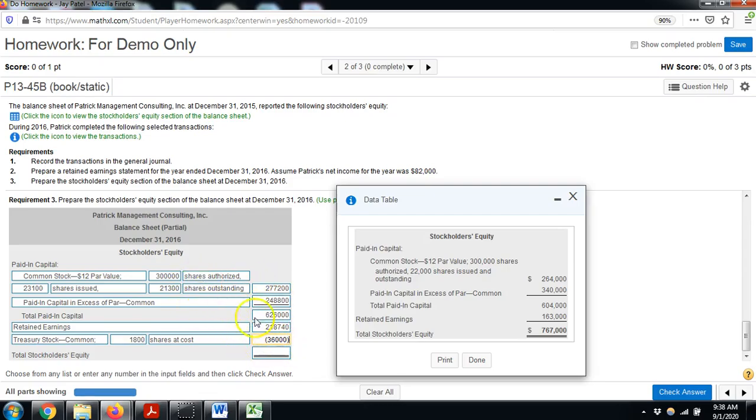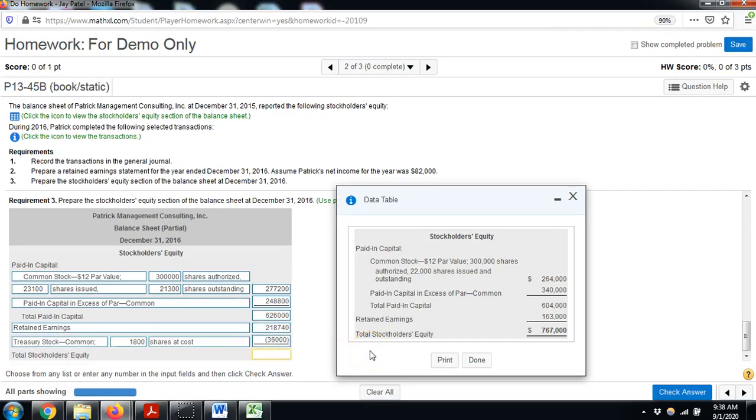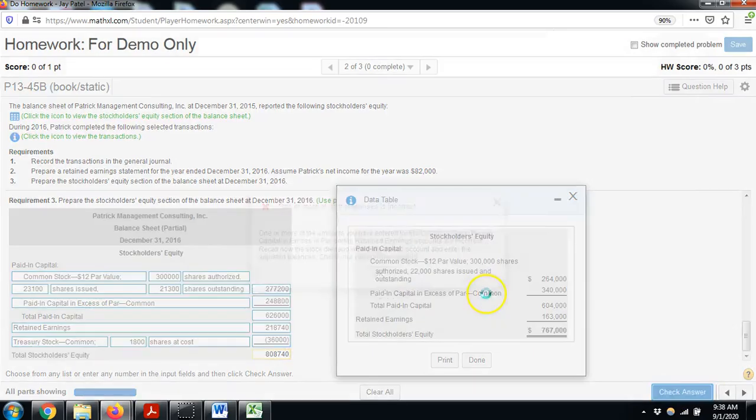So we're actually subtracting the value of this treasury stock away. Because if you remember here, I mentioned that we are basically using the shares issued for this, but then we have to subtract out the shares that we bought back as treasury shares. So that kind of happens here. And so we take the paid-in capital, we add in retained earnings, we subtract this treasury stock, and we get our total.